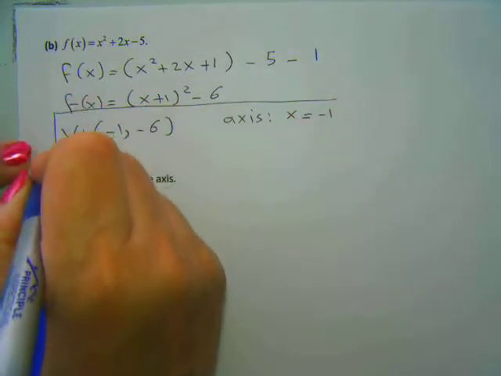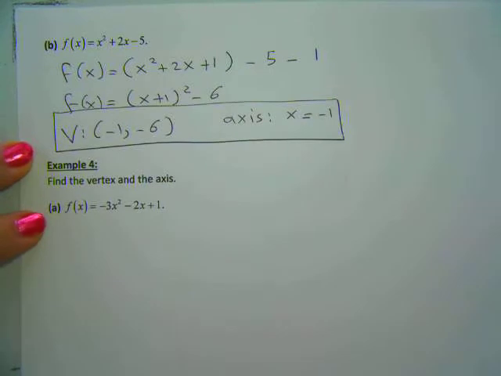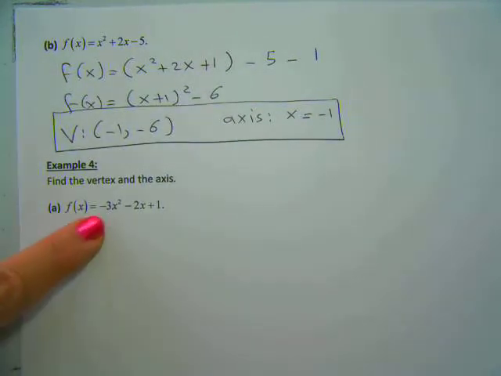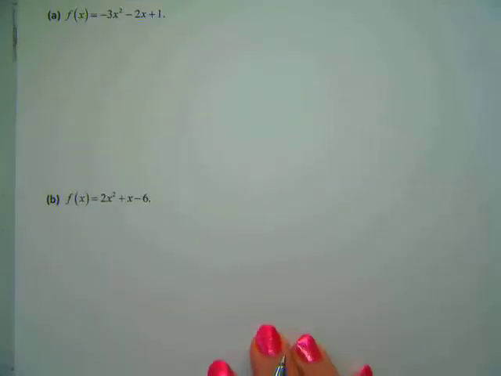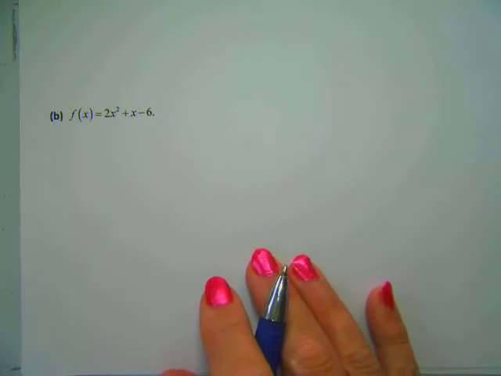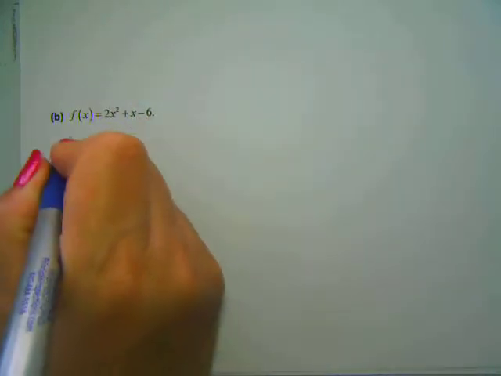So let's see the ugliness of what happens when the coefficient of the x squared is not 1. Let me do B, I'll let you do A on your own. Okay, so here's what we're gonna do.